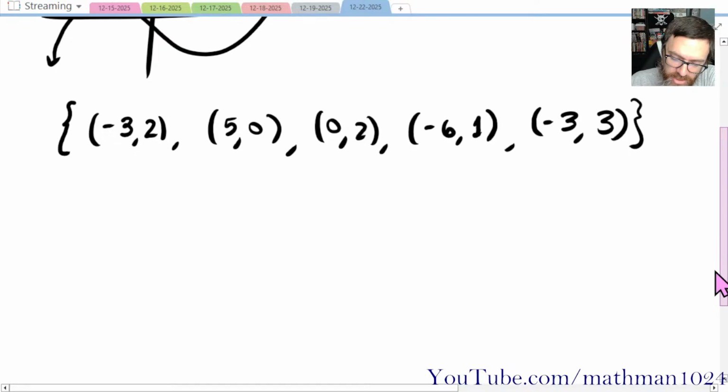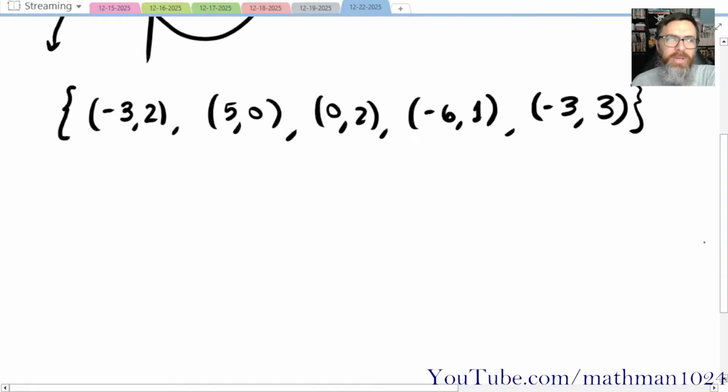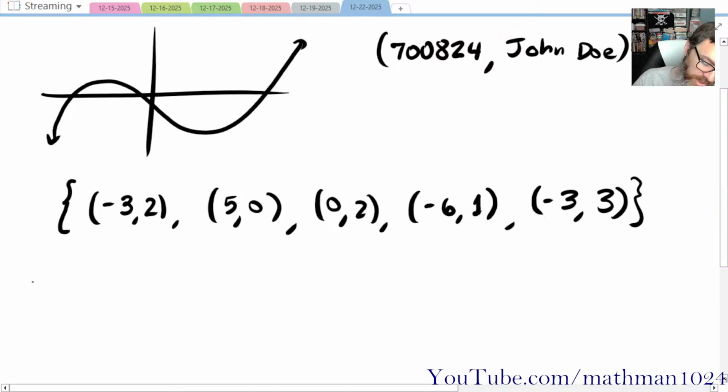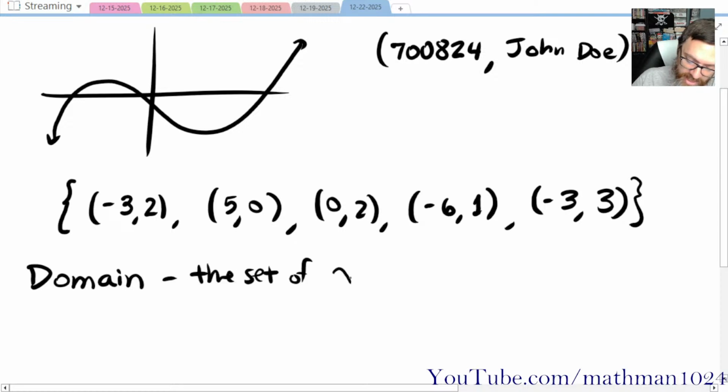Well, when it comes to all of this stuff, we want to talk about two big things. One of those is going to be the domain. And so the domain will be the set of x values used in the relation.